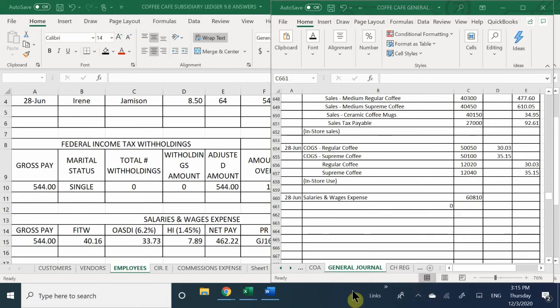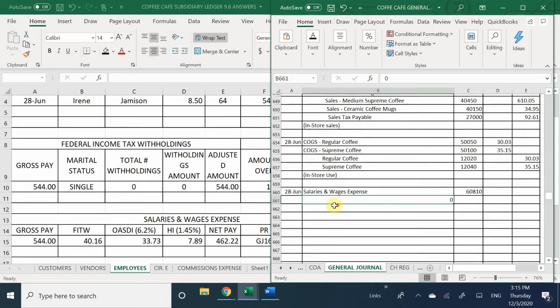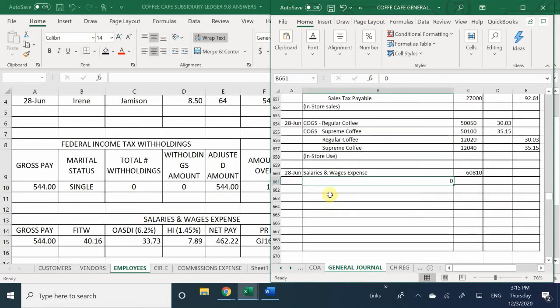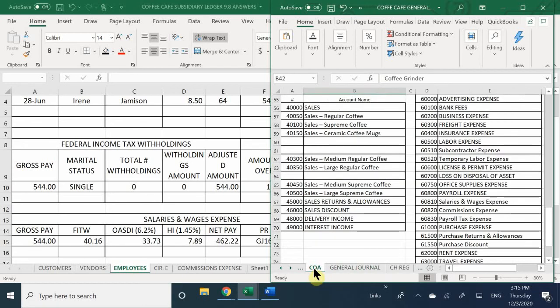And then what do I need to pay for? You have to do the Social Security and the Medicare. In this case, when we make a payment, are we going to pay the government right away?